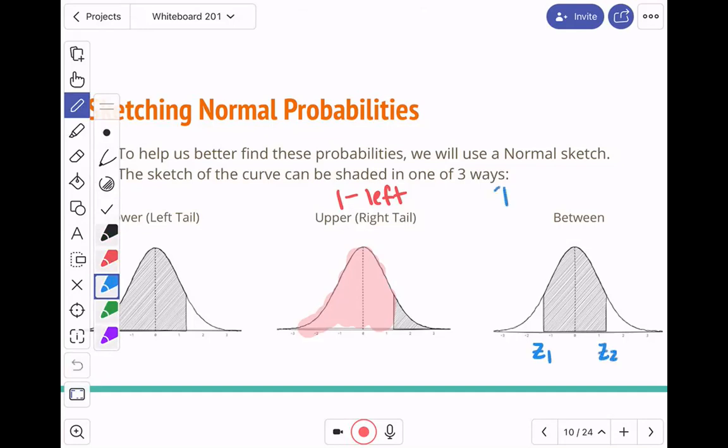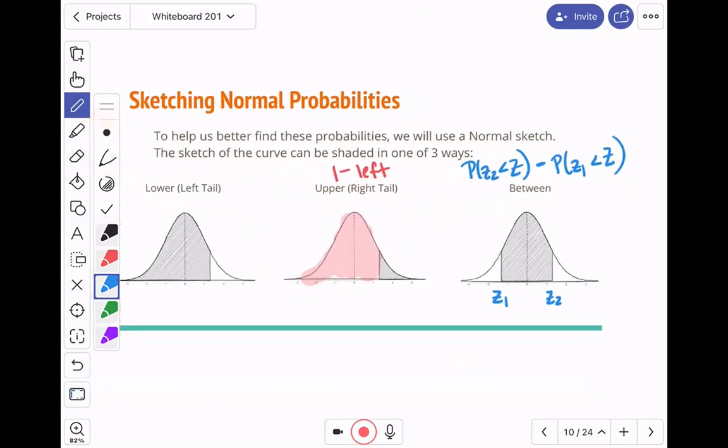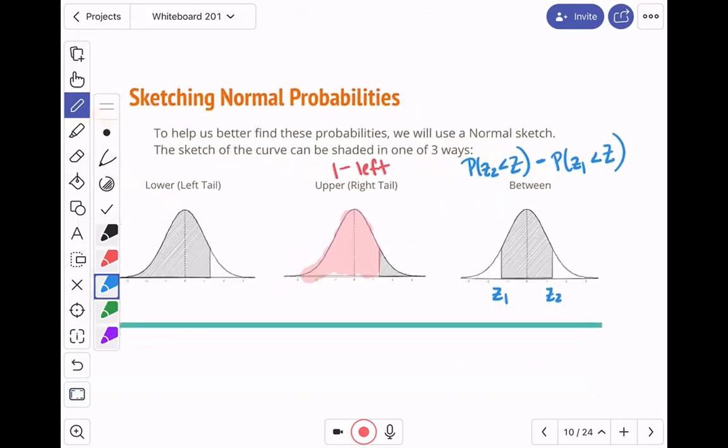To calculate this, you have to find the probability that Z is less than Z2, and subtract from it the probability that Z is less than Z1. And I'll show you how to do that too. All right, so we're going to draw these 3 types of curves. They help us figure out what we're calculating and the way we're going to calculate it, all right?